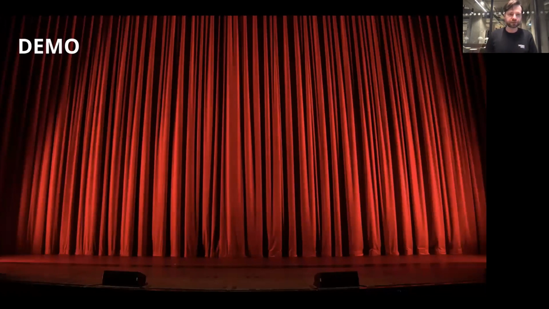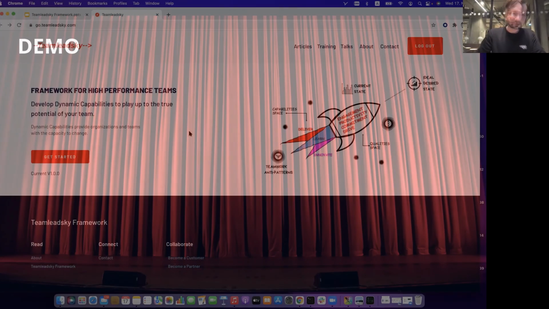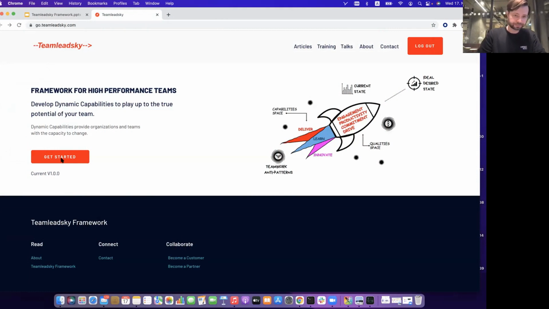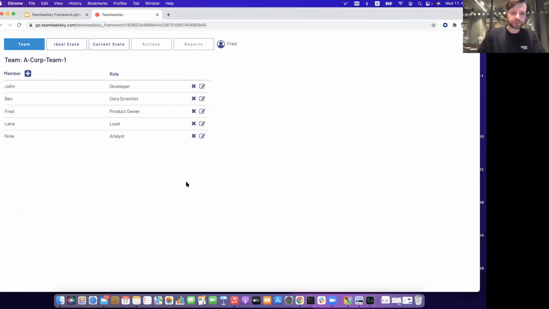Now it's time for a short demo. Demos are always fun. So let me stop sharing the slides and start sharing the app. All right. So we do have here the team, the example team of five contributors.